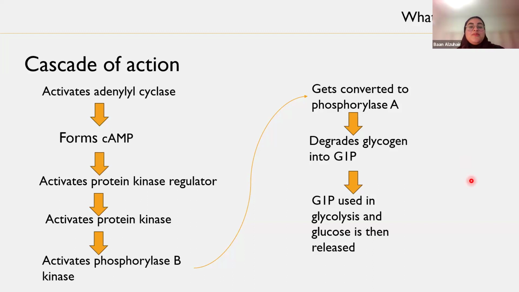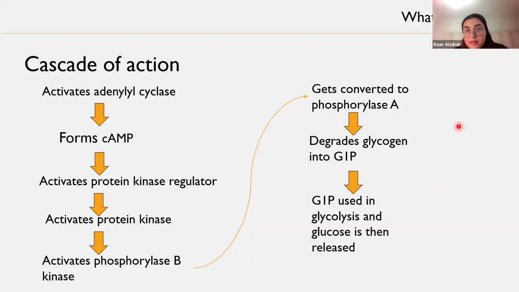And that activates phosphorylase B kinase. And then phosphorylase B kinase gets turned into phosphorylase A, which is the active form of phosphorylase. So phosphorylase A degrades glycogen into G1P, which is glucose 1-phosphate. And then G1P is used in glycolysis and glucose is then released. All of this cascade, I'm not sure if you have to memorize it or not, but I mentioned it because Dr. Yaqeen had a slide on it.